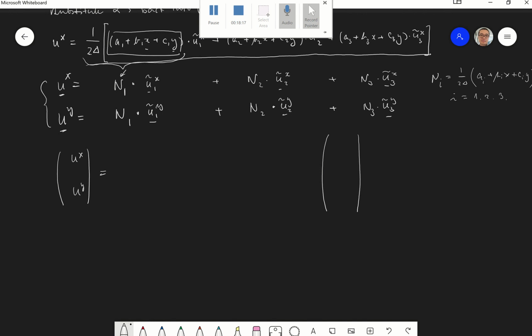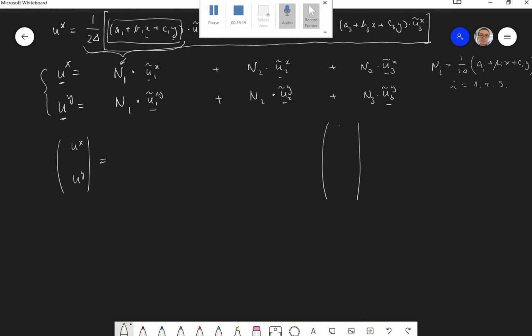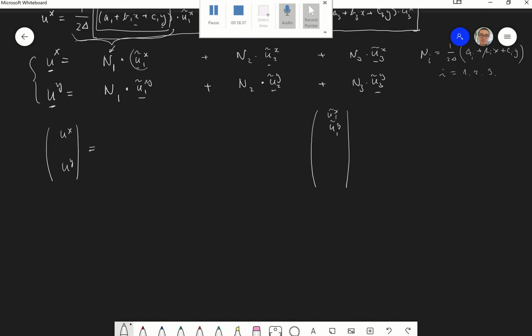So we can write this as a column vector, which will be u1x tilde, u1y tilde, and similarly u2x tilde, u2y tilde, u3x tilde, and u3y tilde.